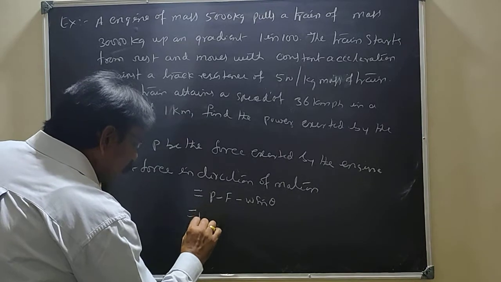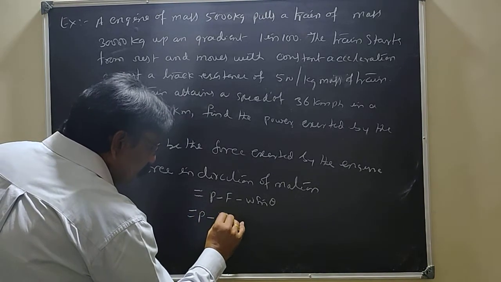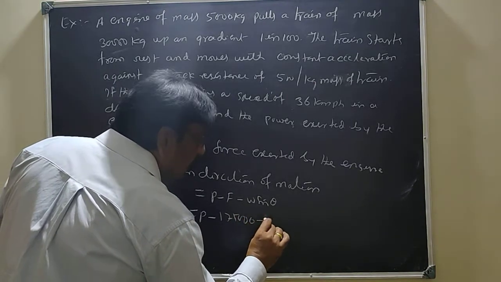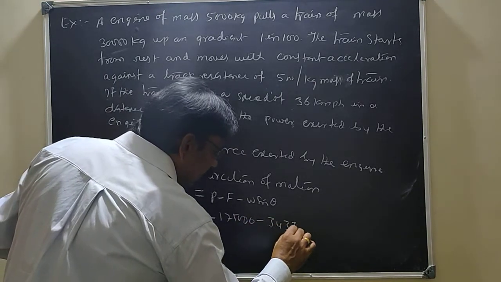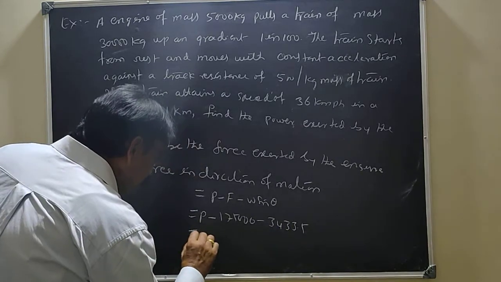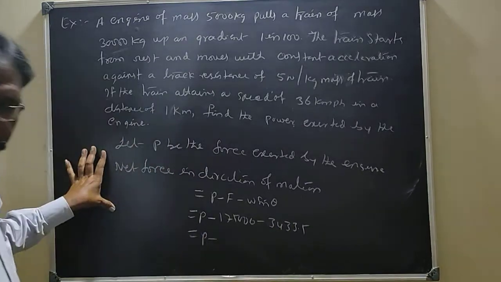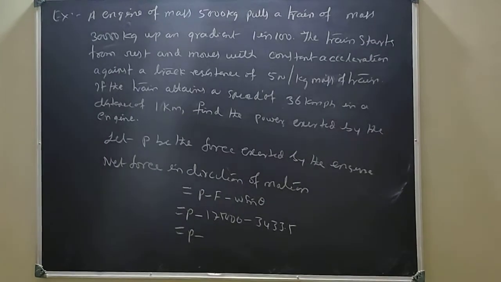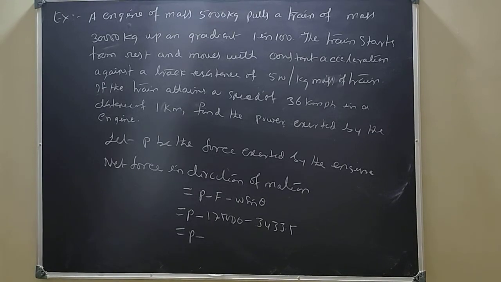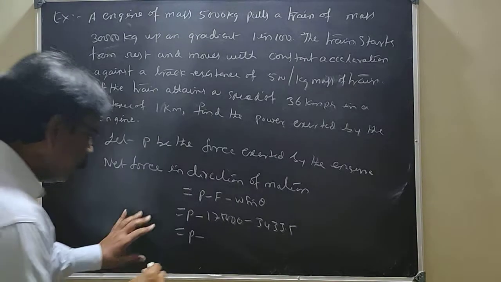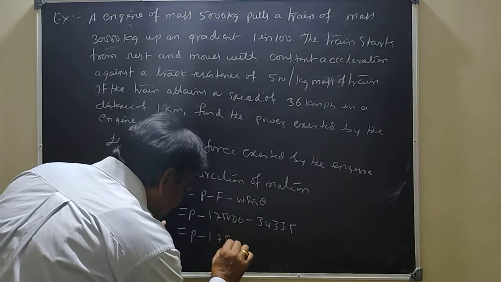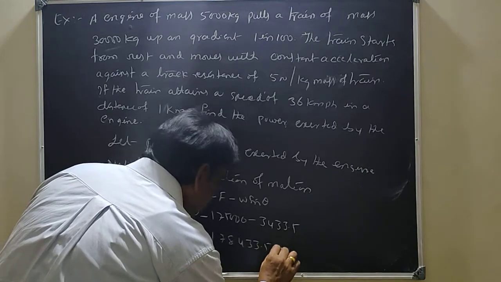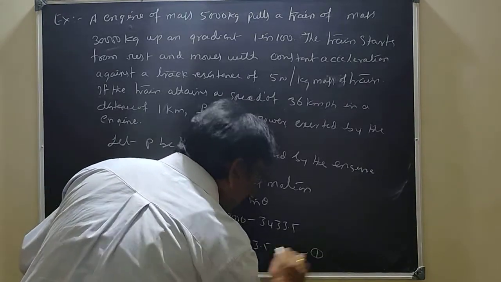So that is equal to P minus 1,75,000 minus 3433.5. So that works out to be P minus 1,78,433.5 Newton. So call this as 1.